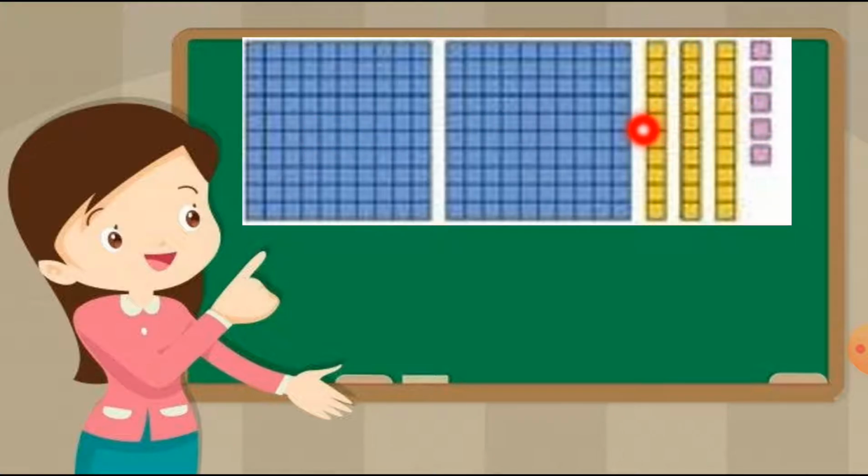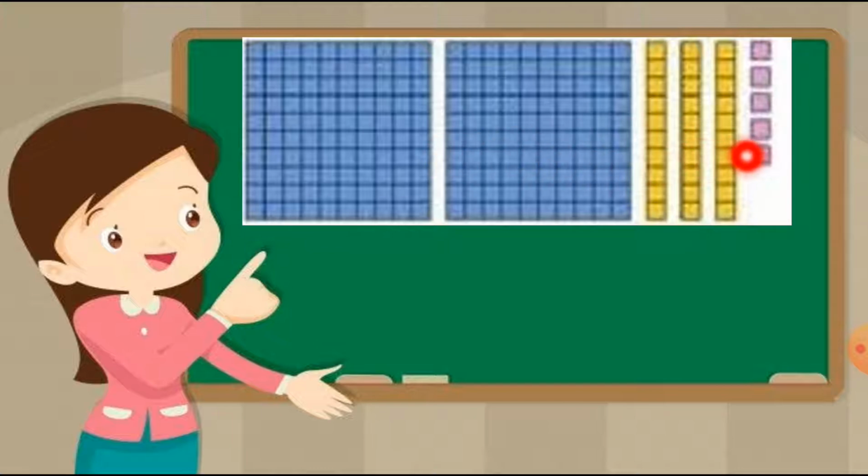Now, you can see this standing line. I'll show you in the picture that this yellow standing line indicates the tens value. This is the hundreds value and this is the tens value. And these purple small square boxes indicate the ones value.